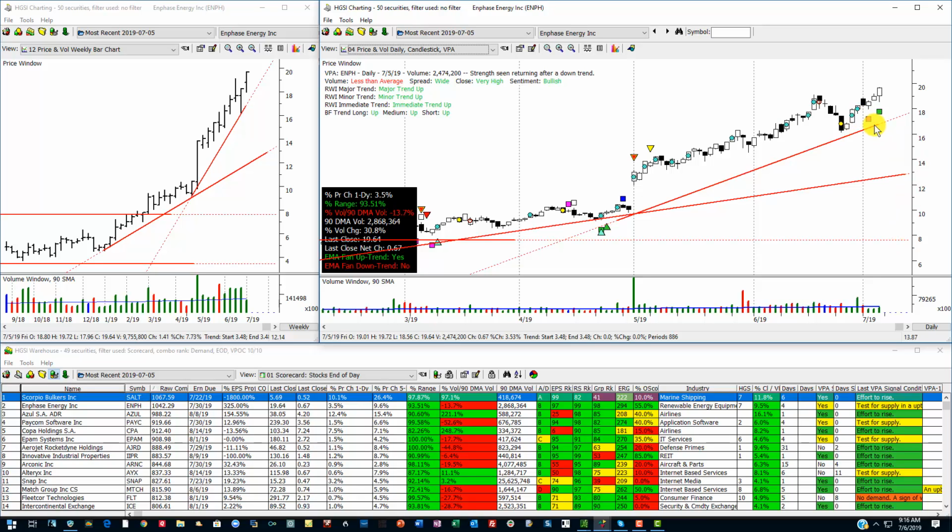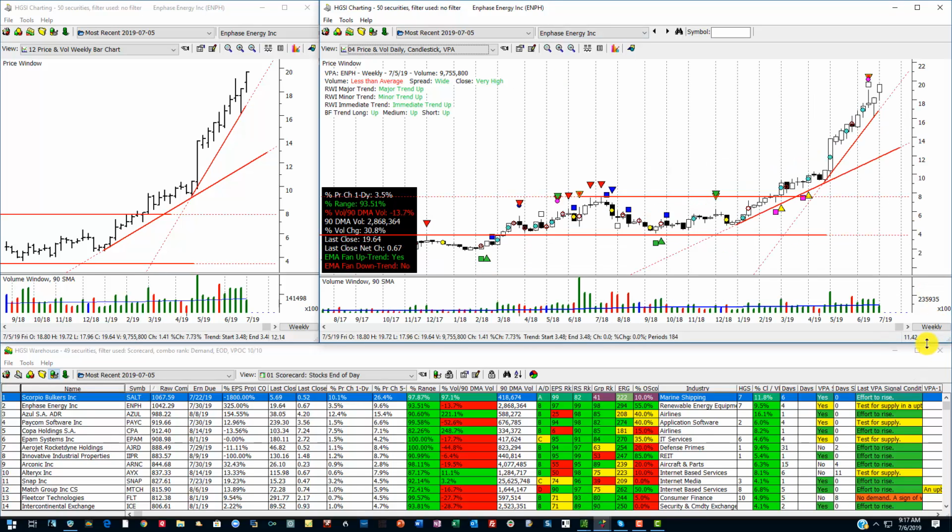The solid red lines will remain where they are, but if this stock continues higher, you'll know where support is. Well, even if it doesn't continue higher, you'll know where support is. Now, you can see that this trend line that I drew was to the bottom of this bar right here. Let's see what this looks like if I make this a weekly chart. And you can see that it corresponds to this over here.